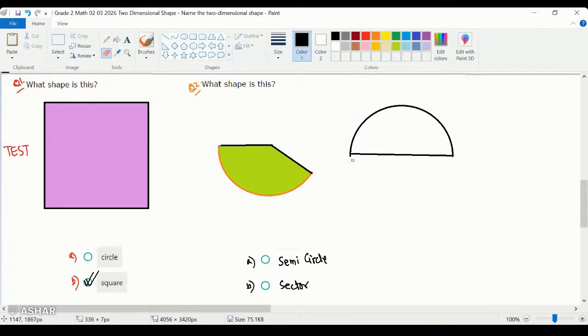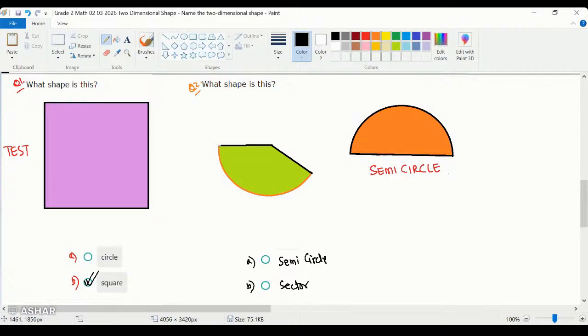Remember? Then this was a semicircle. Oh, sorry. A semicircle has to have a straight line over here.